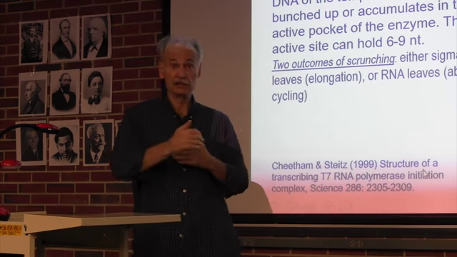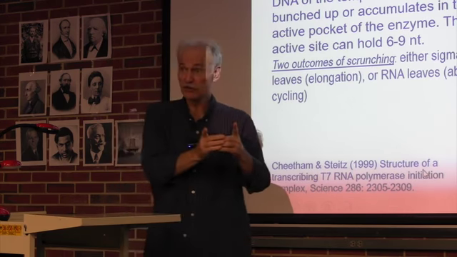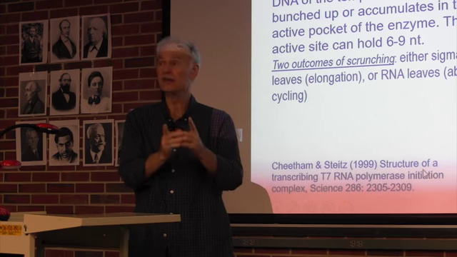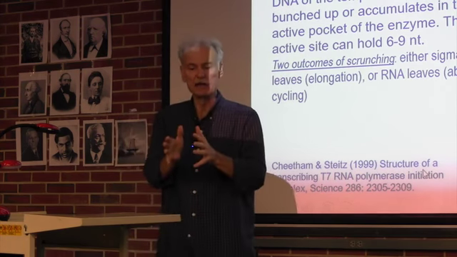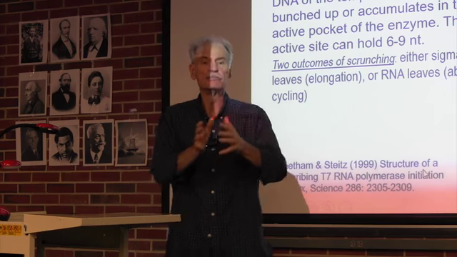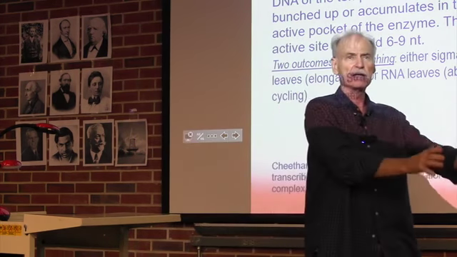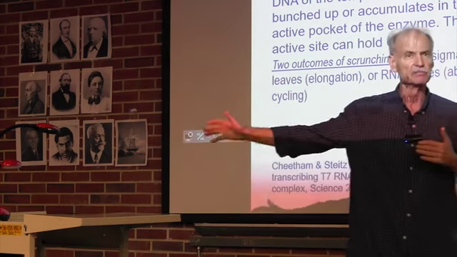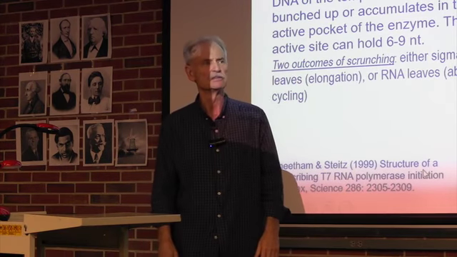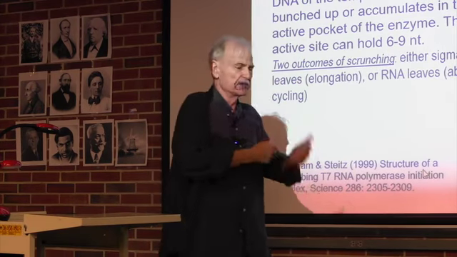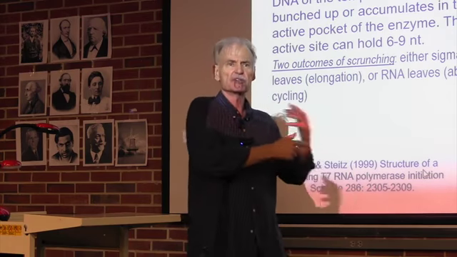So technically, you're making transcript, but it's still called the initiation phase of transcription because the enzyme has not begun to move down the template and move away from the promoter. So it's stuck at the promoter. Why is it stuck at the promoter? Seems crazy. It's already started transcription. Why does it go through this little song and dance?